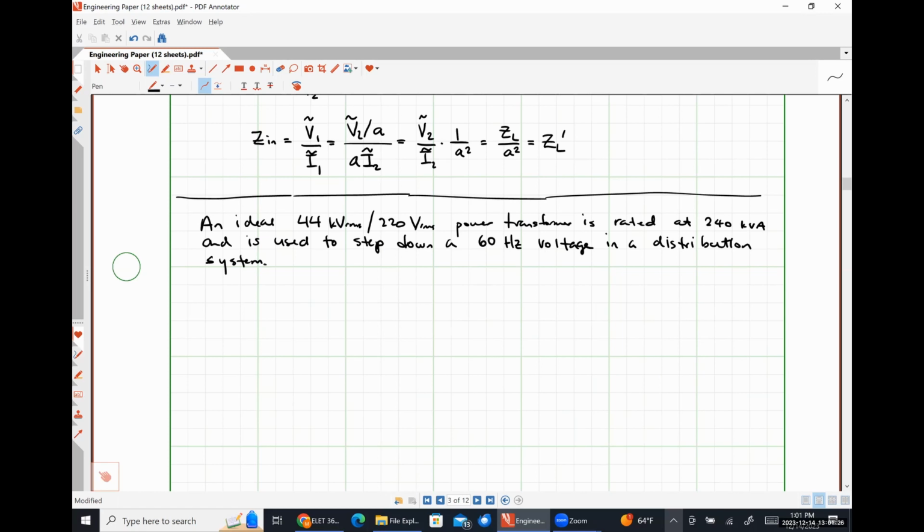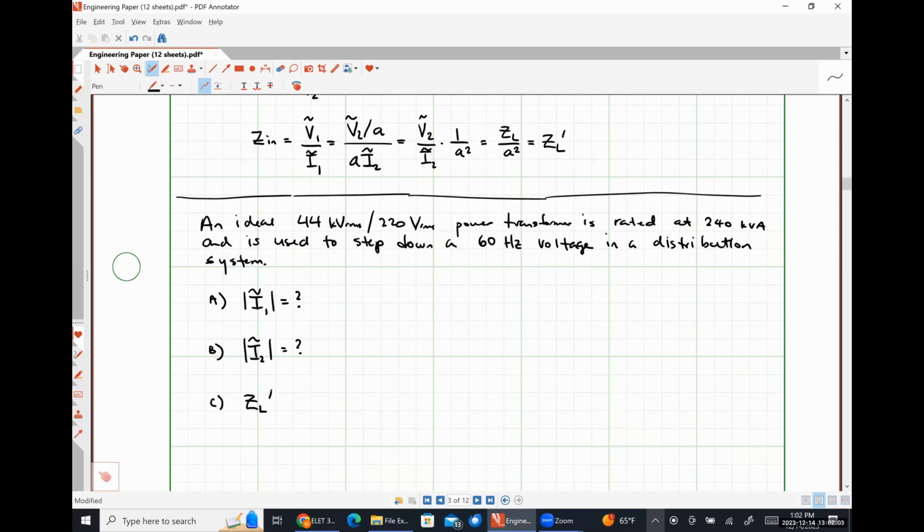I want us to determine the following quantities. So part A, the magnitude of our rated primary current. Part B, the magnitude of our rated secondary current. Part C, the load impedance seen between the primary terminals, ZL prime.